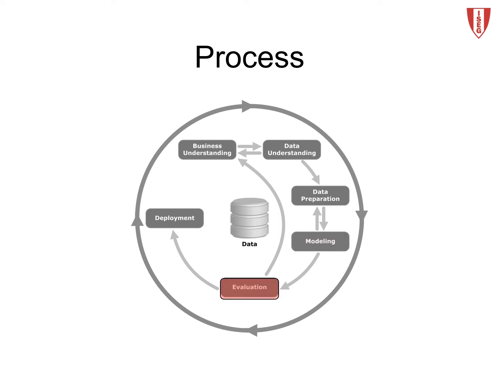The next phase is the evaluation phase. The purpose of this phase is not assessing the models. This was performed previously. It evaluates the results and compares them with business purposes. The evaluation phase includes the following tasks: evaluate results, review process, and determine next steps.